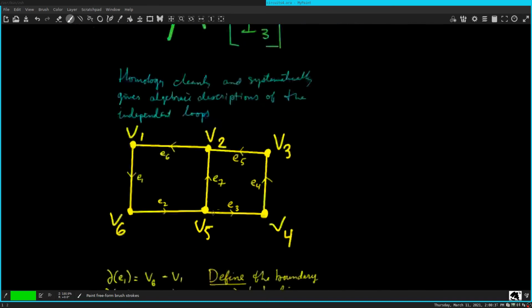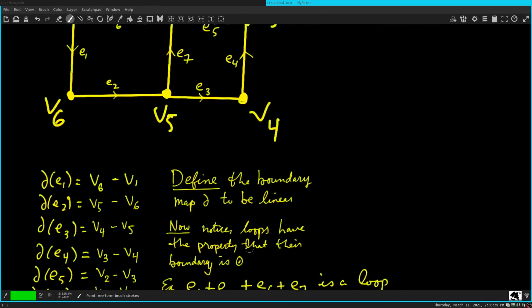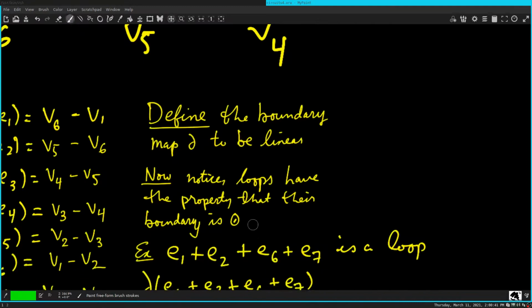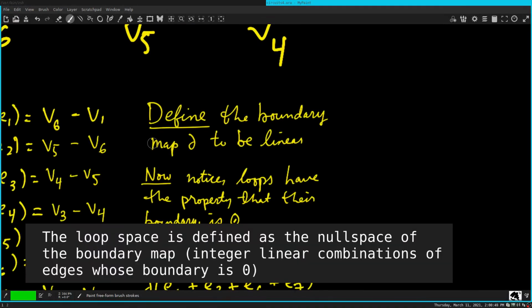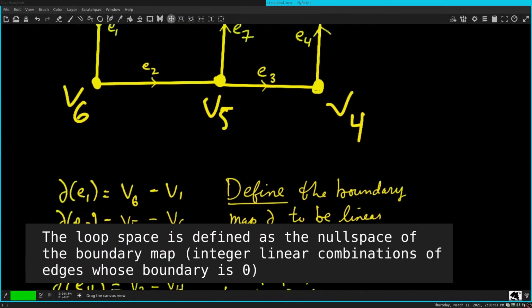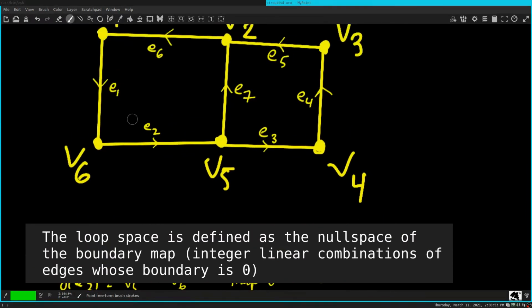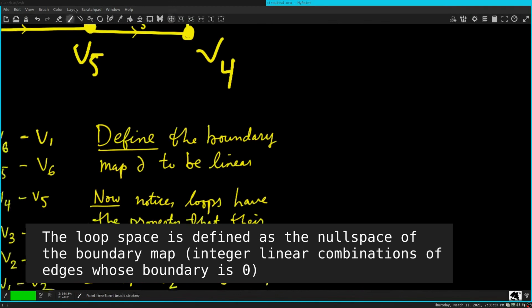And so, in algebraic topology fantasy world, you assume the boundary map is linear. Loops are defined to be integer linear combinations of edges such that their boundary is 0.